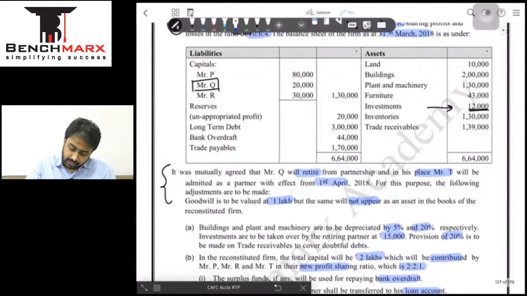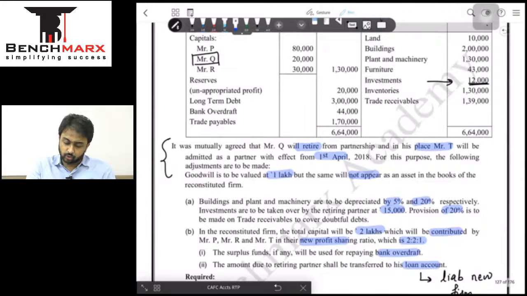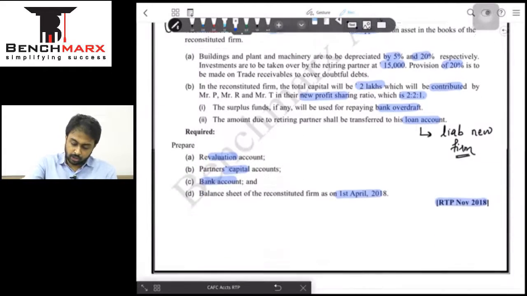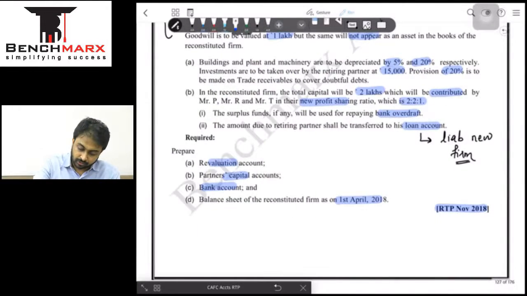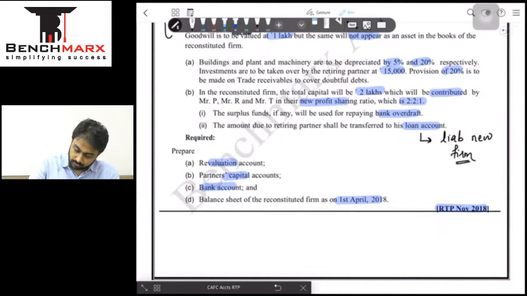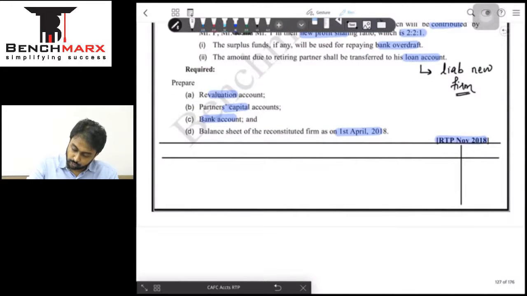That is also done. Then goodwill is 1 lakh, so what I'll do, I will raise goodwill in the old PSR and write off in the new PSR. Concept remains the same, so our regular format, four partners.